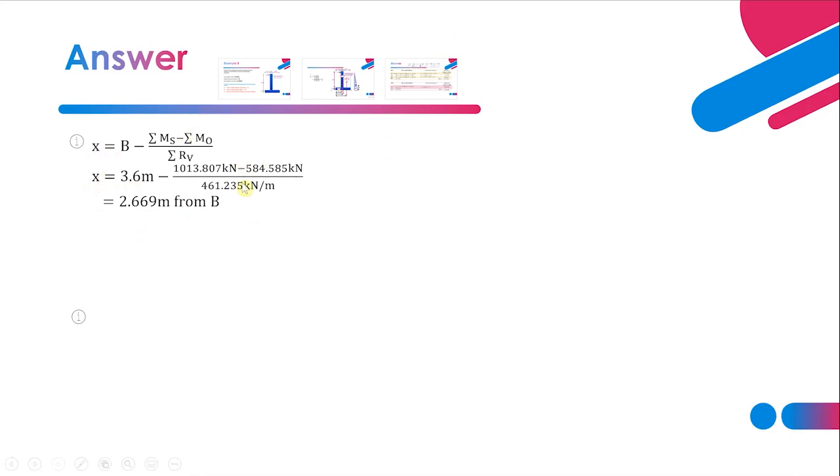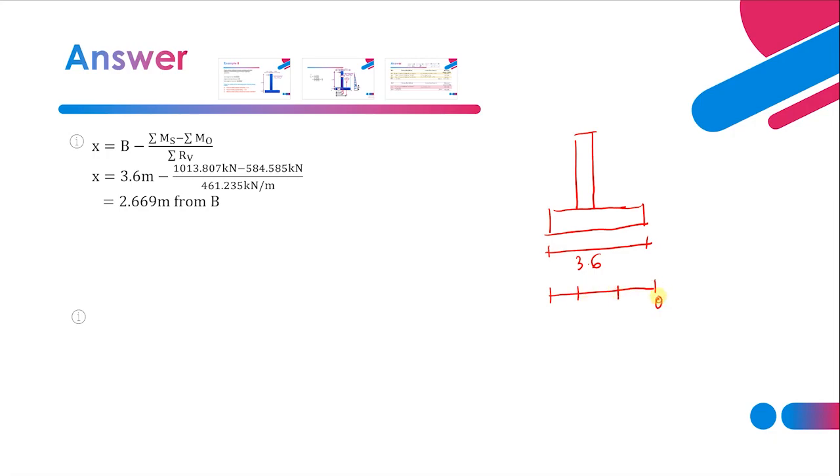Because we want to know where it actually is, whether it is within the middle third or already outside the middle third, since we need to calculate the ground bearing pressure or base pressure for the retaining wall like this. So this 3.6, you need to divide it by 3.